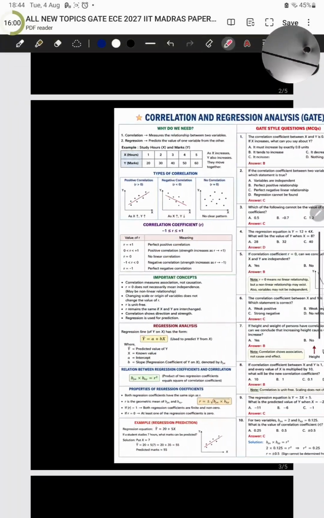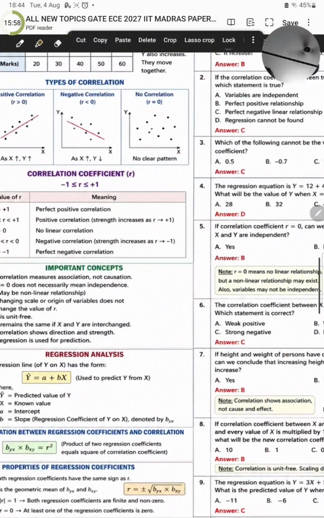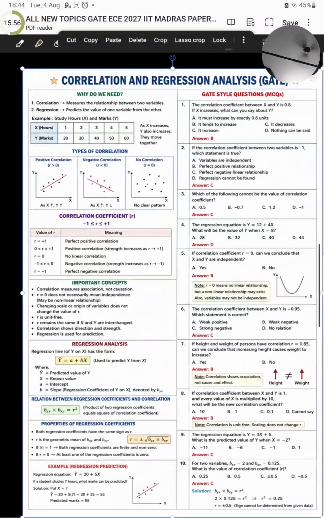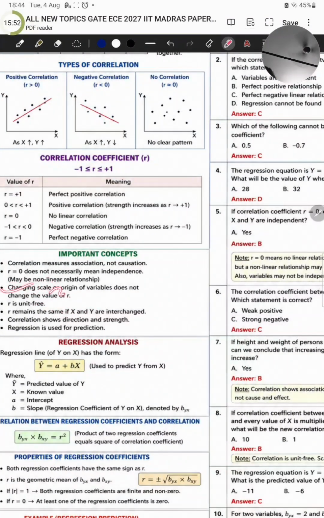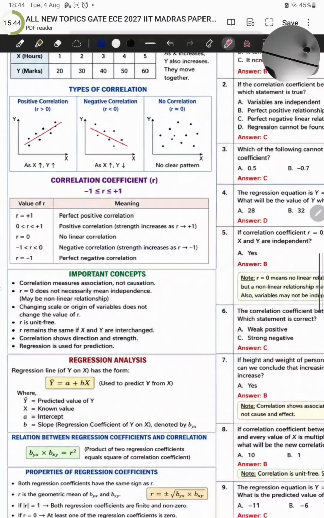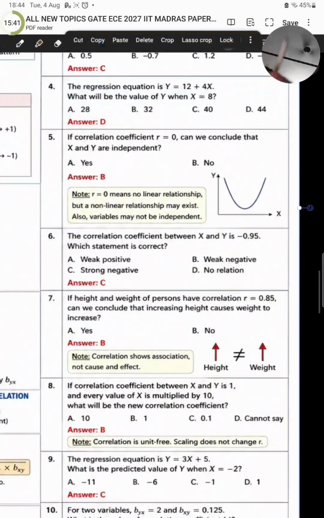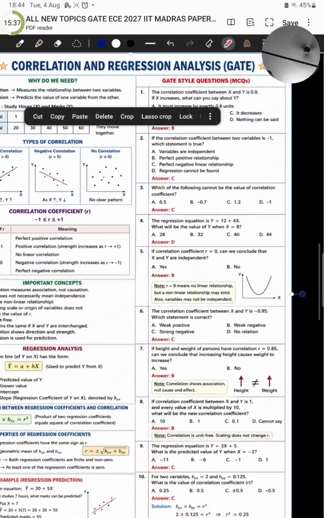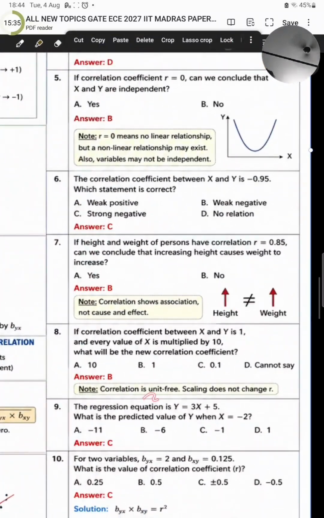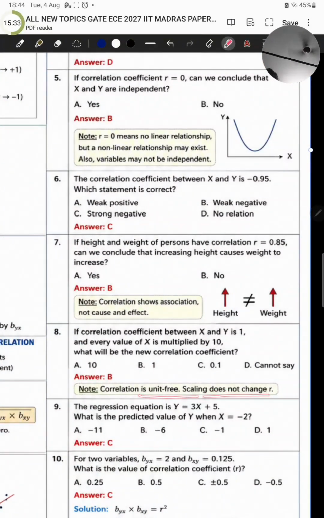We have already seen that changing the scale or origin of a variable does not change the value of r, the correlation coefficient. The correlation coefficient is unit free and scaling does not change r.